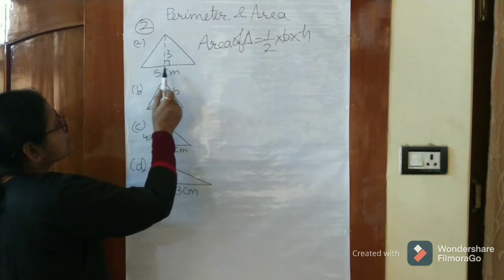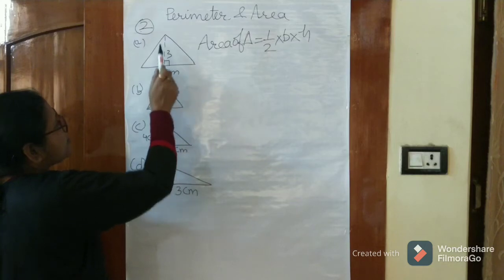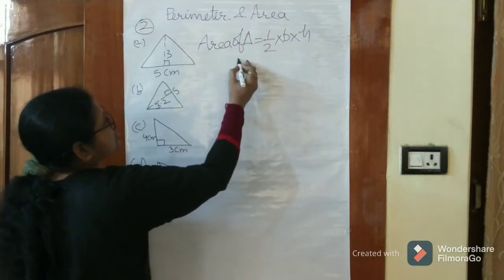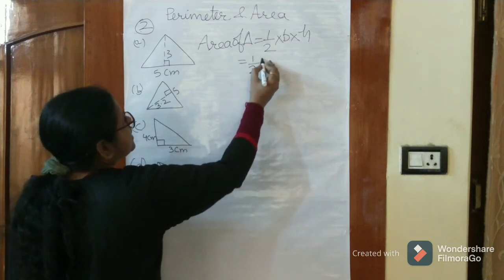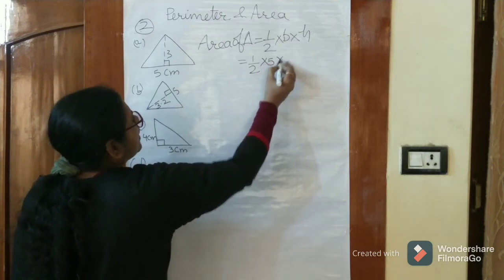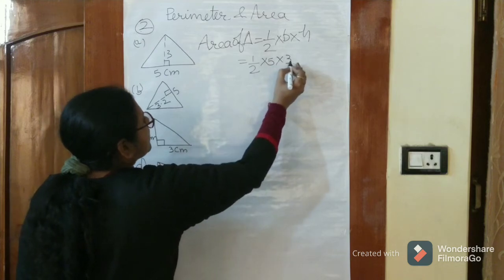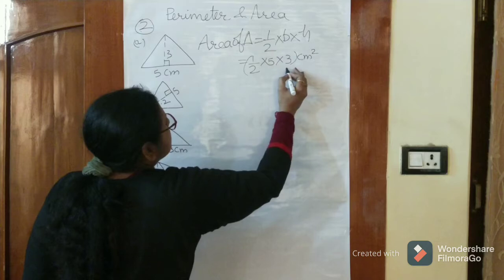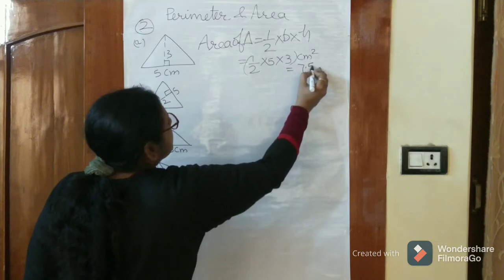Similarly, as I told you for the parallelogram, wherever the line of 90 degrees falls, that line will be considered as the base. So half, base is 5 and height is 3. So it will be 7.5 centimeter square.